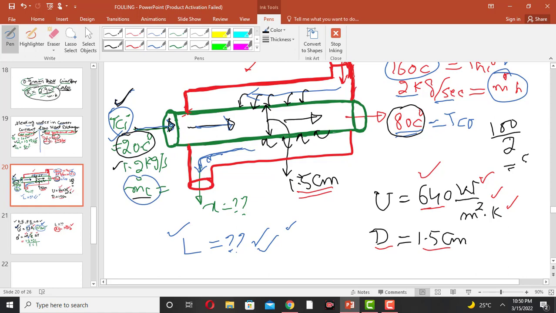So at about 50 degrees centigrade, the specific heat of cold water will be 4.18 kilojoule per kilogram Kelvin.